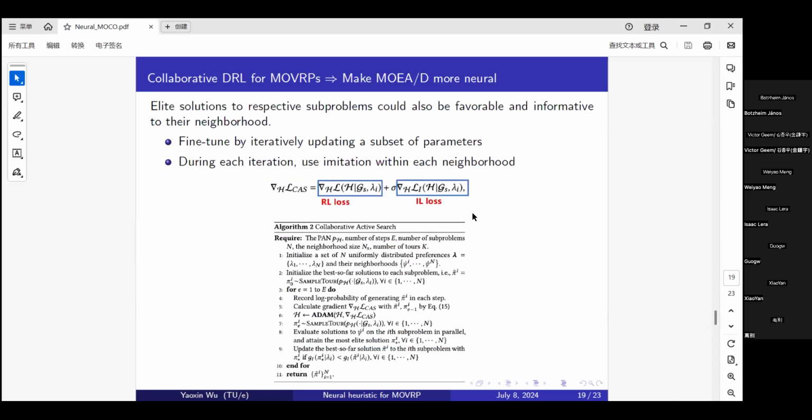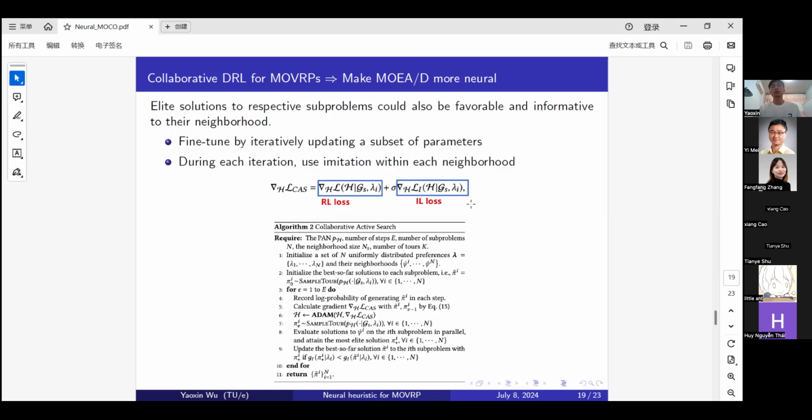So here we propose, based on our previous method, to apply imitation learning in addition to the reinforcement learning. It means at each update step, we check the current best solution of each single objective vehicle routing problem, and we see how it performs for the single objective vehicle routing problems in the neighborhood.